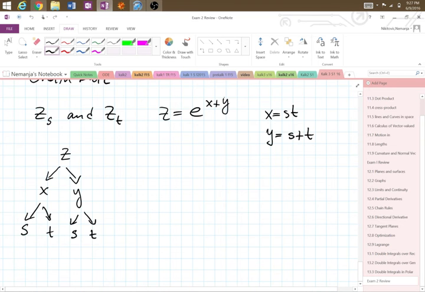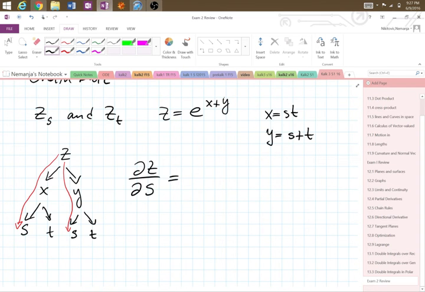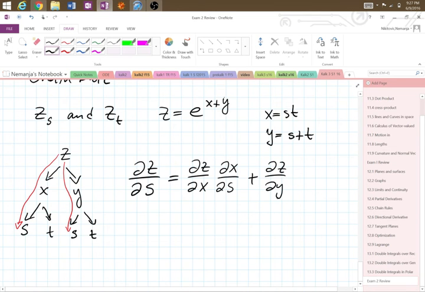Now that we have this, we can write our partial chain rule derivatives. We have partial z with respect to s. We follow the branch that takes us from z into s. Remember that every time we have branching it's a partial derivative. So z branched: dz dx times dx ds plus dz dy times dy ds. They're all partials.